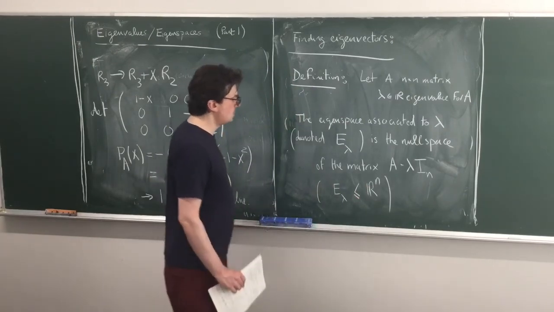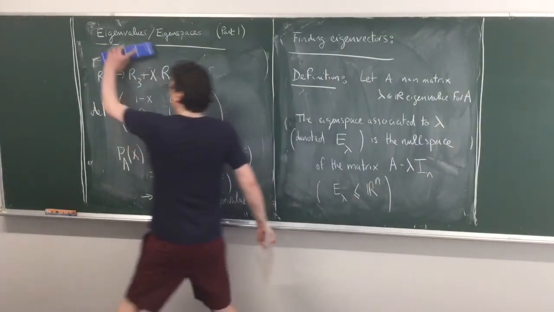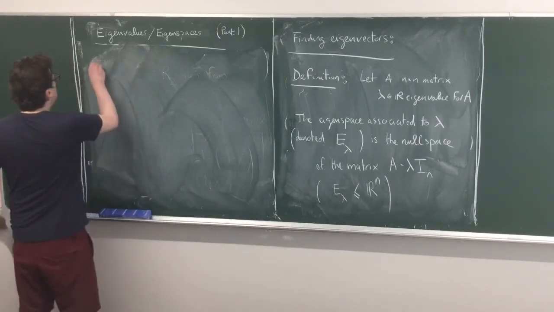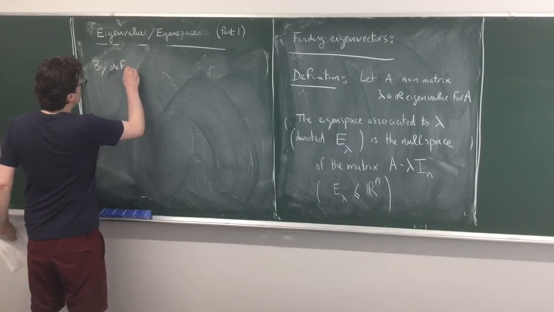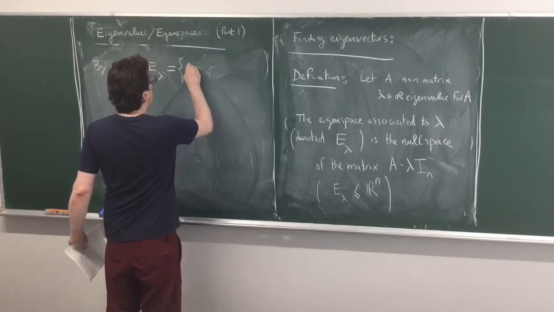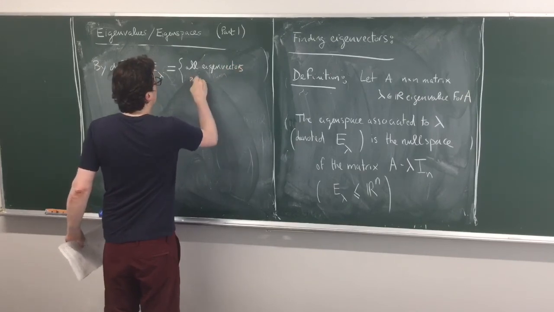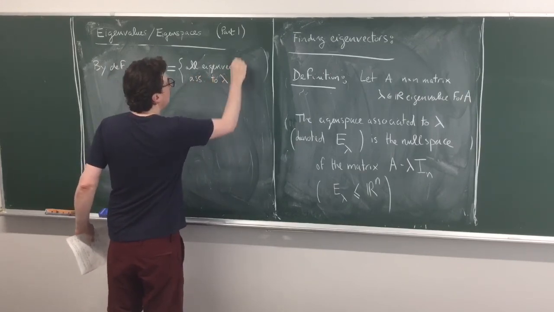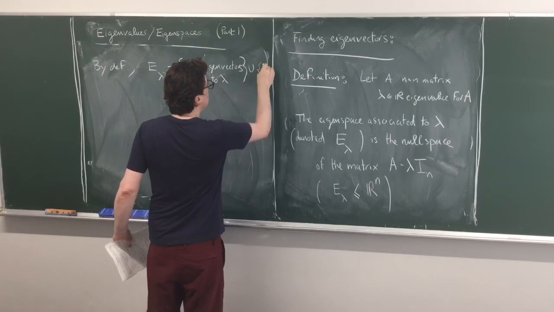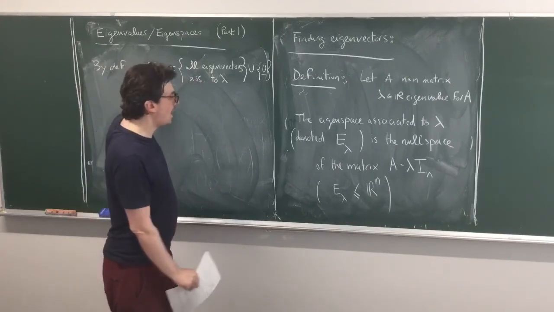So it's a subspace of Rn, and by definition, E lambda is nothing else than the set of all eigenvectors associated to lambda, and you add one vector, which is the 0 vector.